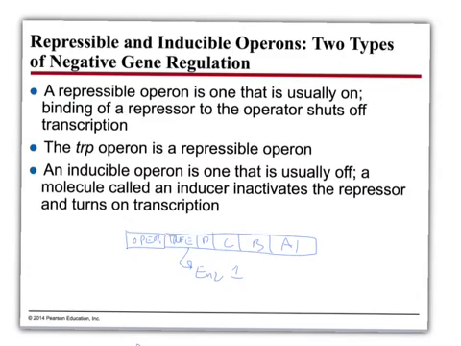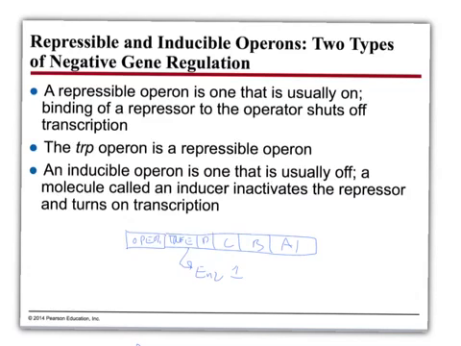And we said that all those genes in the trp operon are similarly regulated, so that when tryptophan's high, those genes are off. We don't need to synthesize more. When tryptophan's low, the operon is on because the cell needs more tryptophan.